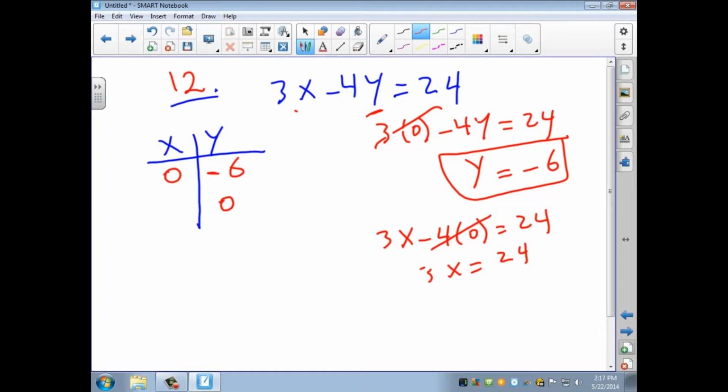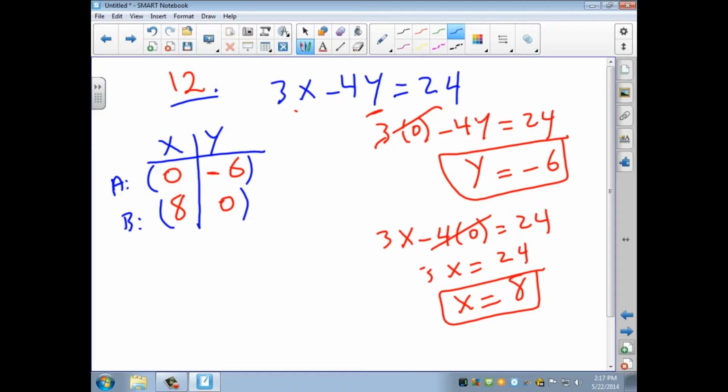Divide both sides by 3, x would be equal to 8. So each pair would give me a point. Let's say this is point A, has the coordinates of 0 and minus 6, and point B has the coordinates of 8 and 0.